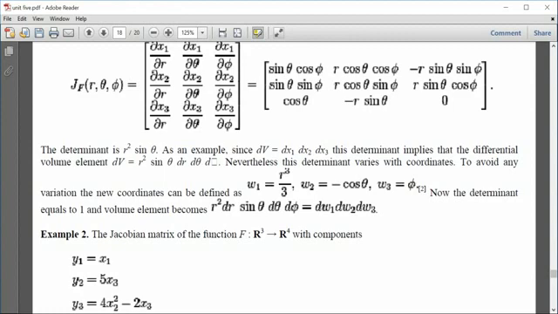To avoid any variation, the new coordinates can be defined as w1 equals r cubed over 3, w2 equals negative cos theta, then w3 is phi.